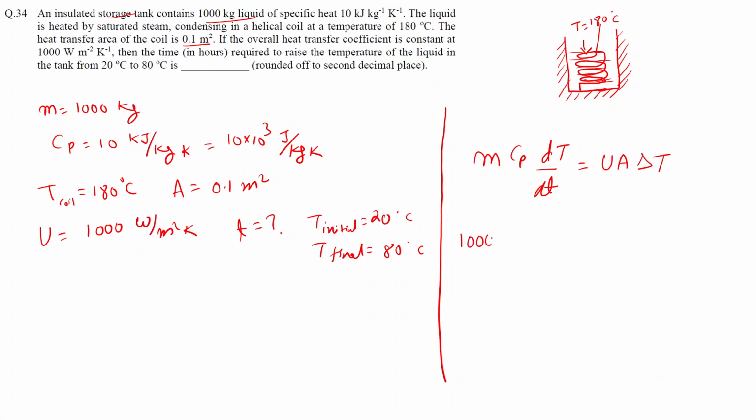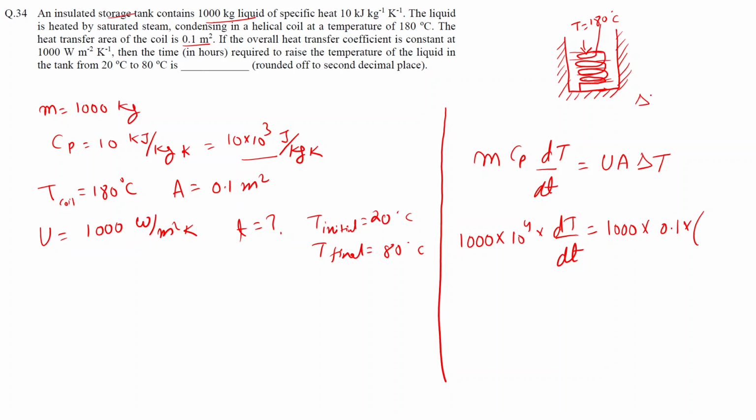So mass we have been given 1000 into Cp is 10 raised to 4 from over here. Then dT upon dt, we have to find. Overall heat transfer coefficient U is given as 1000, area is 0.1 meter square into delta T. In this case the delta T is the heat exchange between the fluid and the helical coil.